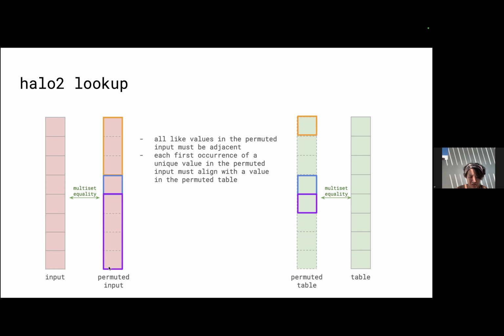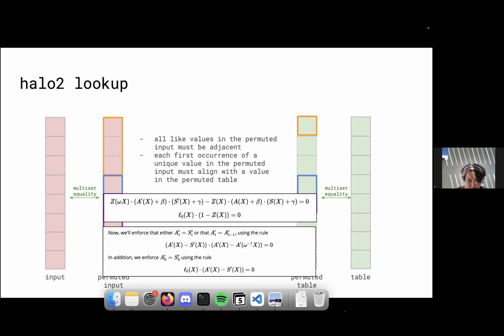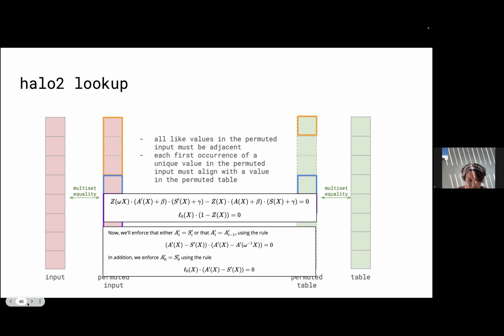We need to commit the permuted input and permuted table. And secondly, we need to pay the cost of the table. So yeah, these two reasons are sort of why Halo2 lookup has fallen behind the newer ones.